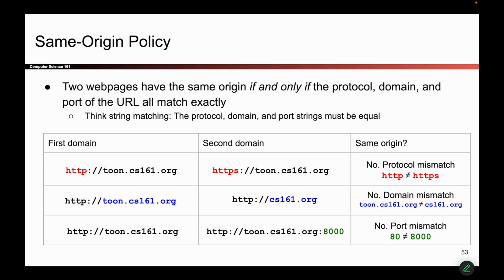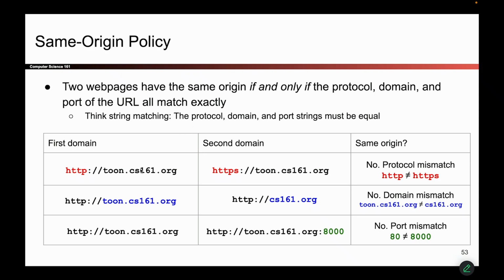We say they belong to the same operator, and they should somehow be able to communicate with each other if you have 2 tabs open. But if they differ in any one of those 3 fields, then we say the origins are different, and those 2 websites are forbidden from talking to each other. So if you have those 2 websites open, your browser will say, no, it cannot have one website talk to the other. So it's basically just string matching.